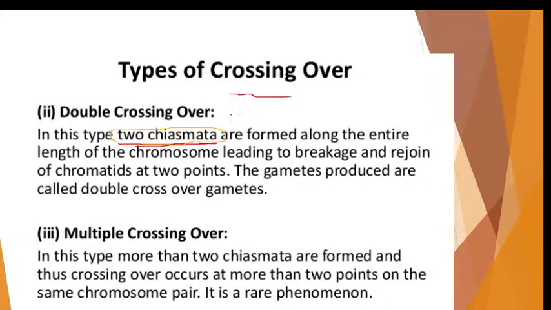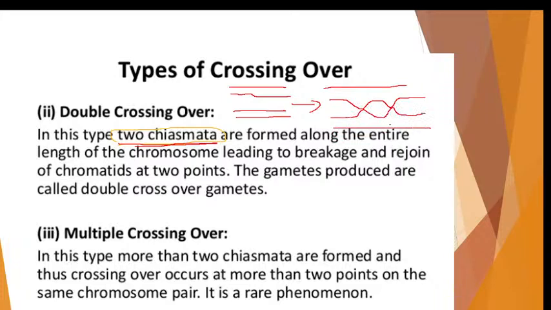If these are the chromosomes, during crossing over, at two regions the crossing over will take place. That means two chiasmata will be formed. This is known as double crossing over.